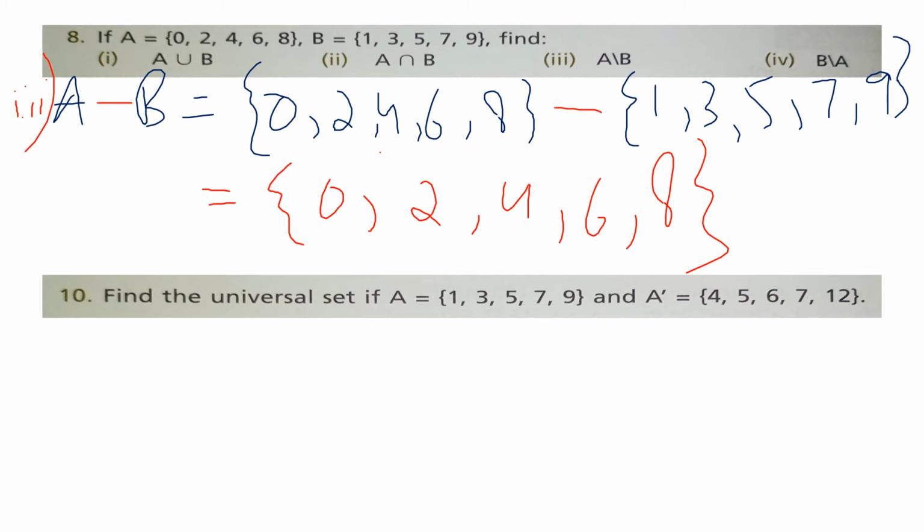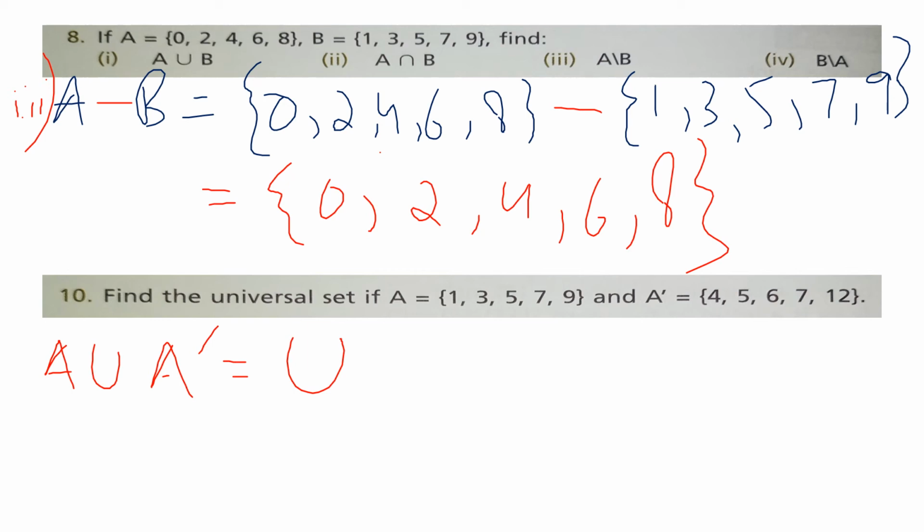In question number 10, you have to find the universal set. It means you have to find U if A and A complement are given. I have told you two properties of universal sets, complements and difference, and that is when you take the union of A and A complement, it gives us the universal set. It was the first property we studied in this video.